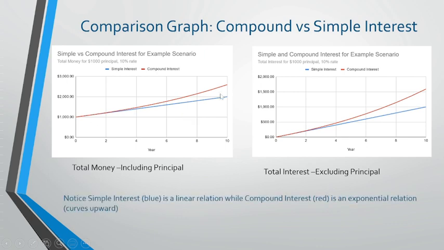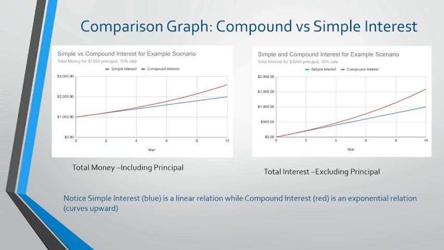There's an obvious difference, while blue, which is simple interest, is a straight line. You notice how early on there's not much of a difference, but over time, you see there is a difference. Compound interest accumulates a lot faster than simple interest does. You see that gap right here? Right over here, it's like the middle of the graph, and the total money would be like 2,500 and something.